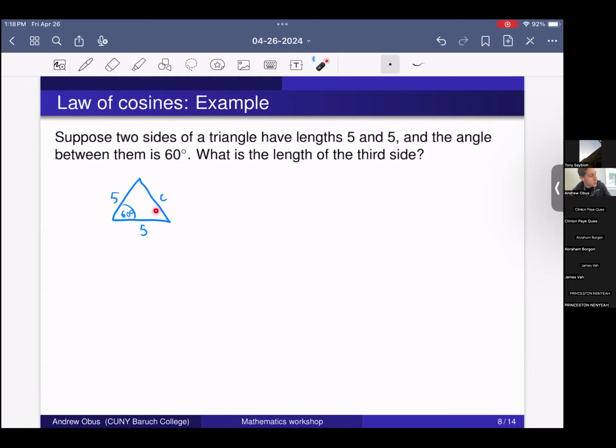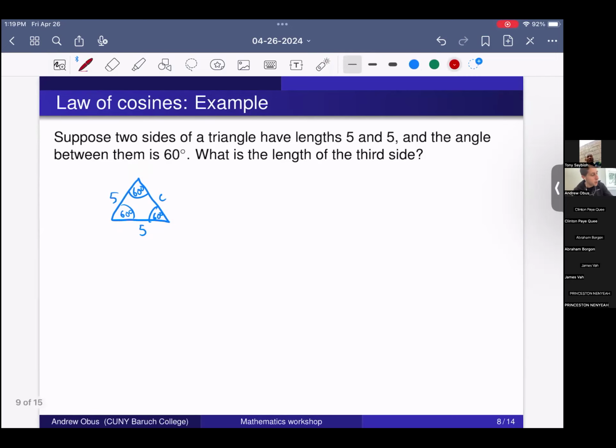What do they have to add up to? 180. All the angles add up to 180, and this one is 60, so these two angles have to add up to 120. If they're equal and add up to 120, the only possibility is that they're all 60 degrees. And once we know that all the angles are 60 degrees, all of the sides have to be the same also.